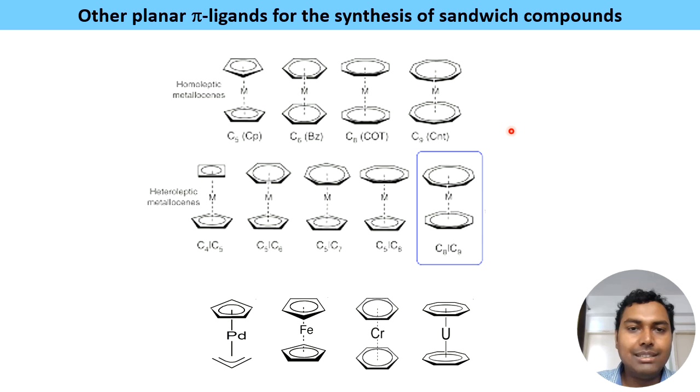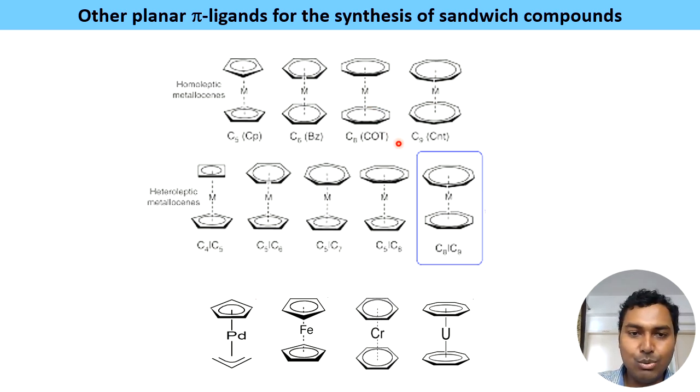So here are other sandwich metal complexes and other ligands we can use for the synthesis of sandwich metal complexes. Here we have already seen ferrocene, which involves the cyclopentadienyl ligand. We can also use benzene, like in chromium diarene complexes. We can also use cyclooctatetraene as a ligand for the synthesis of sandwich metal complexes.